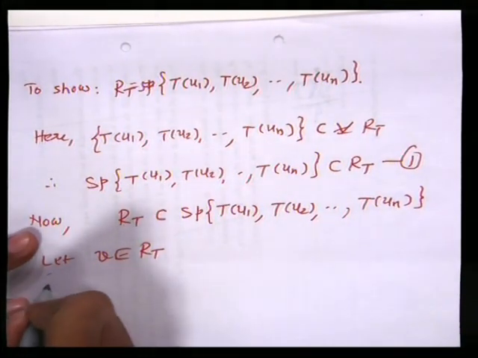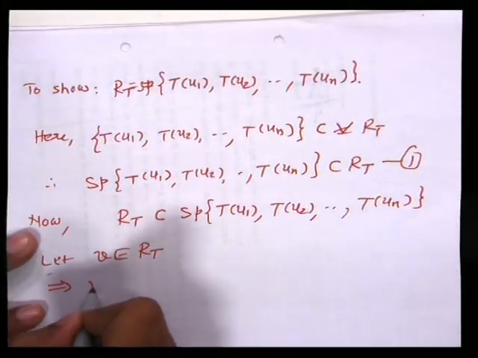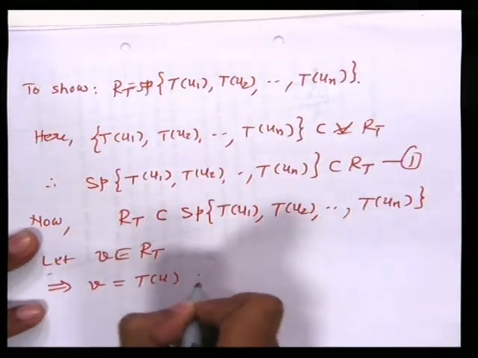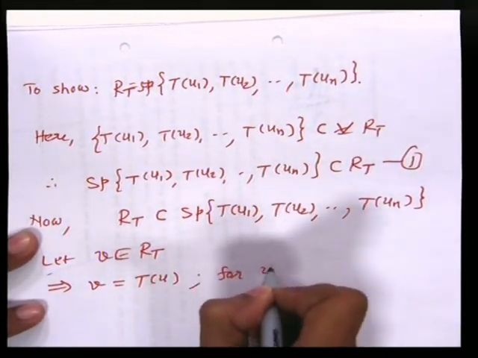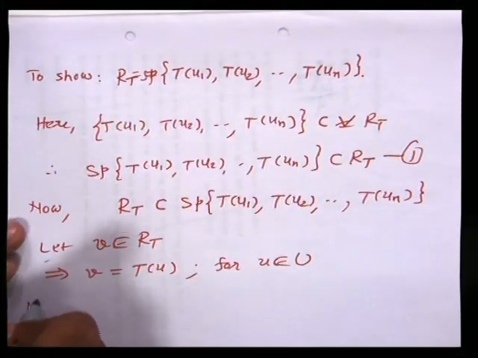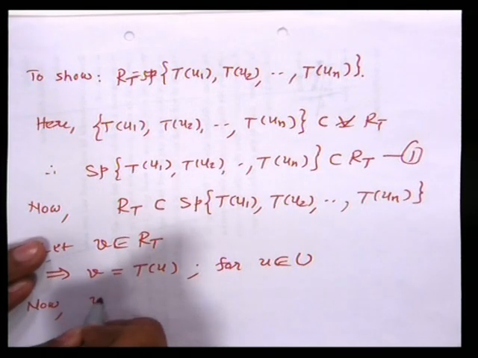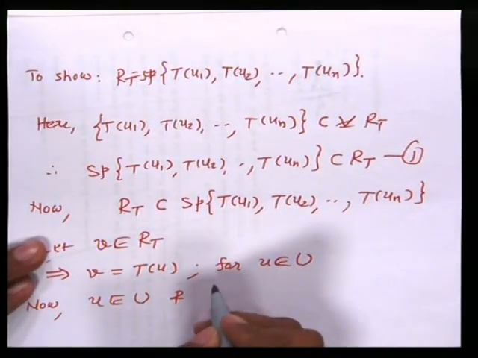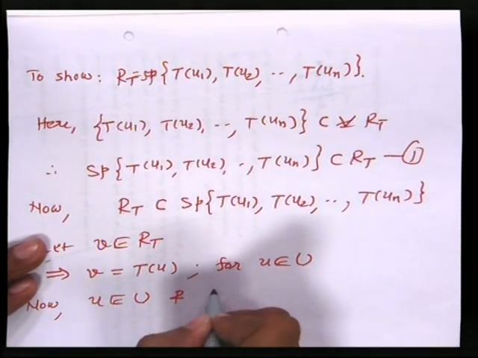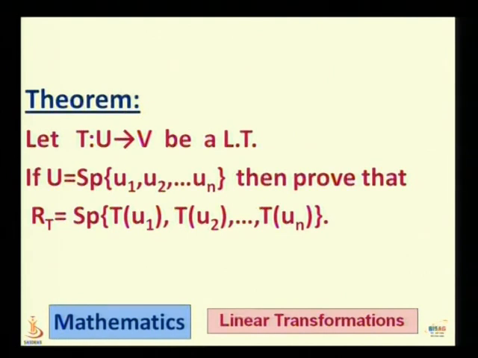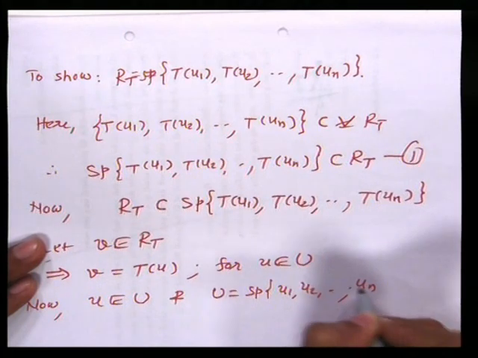So here v belongs to R(T), so we can say that v is the image of some vector u of capital U. Now u belongs to capital U, and we have U is the span of u1, u2 up to un.